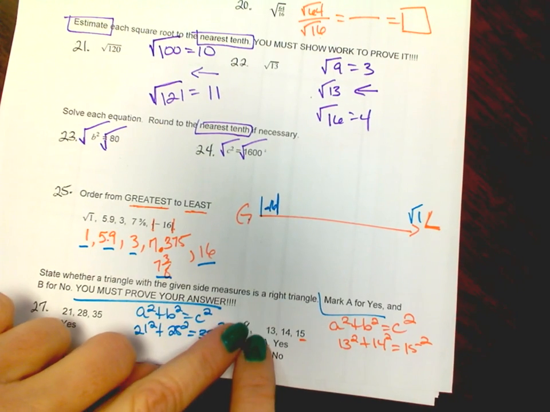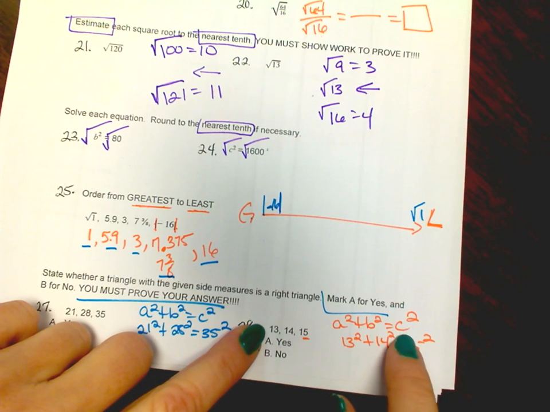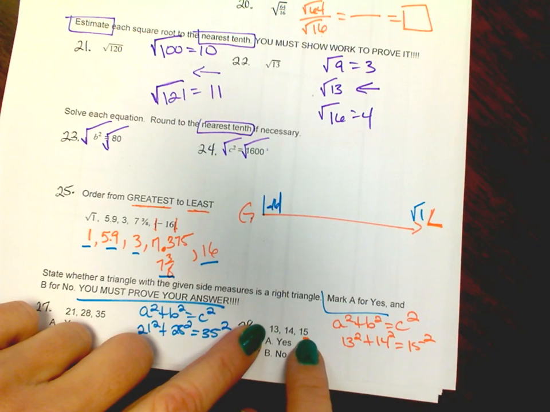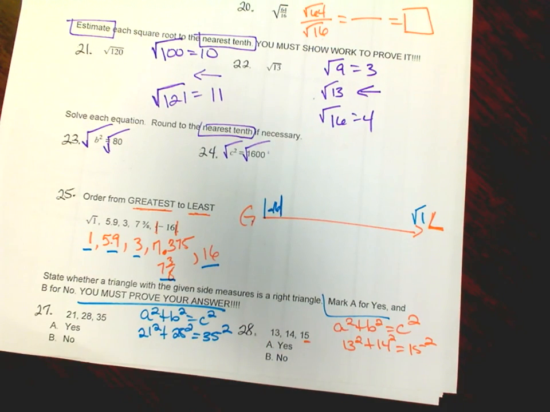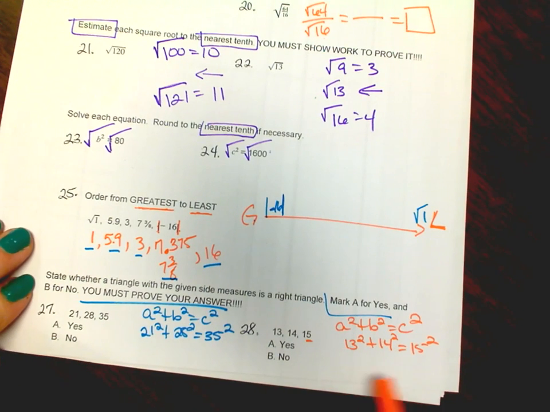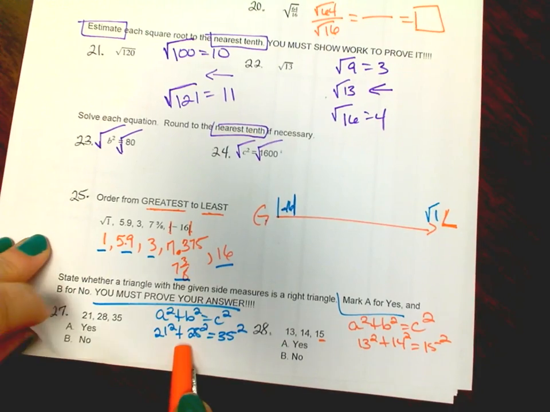If she would have put 15 in front, you still have to notice, always go and find your C and then fill in the rest. Find your longest side, put it in your C, and then fill in the rest with the legs. If it's correct, then it is a right triangle, because this only works for right triangles.